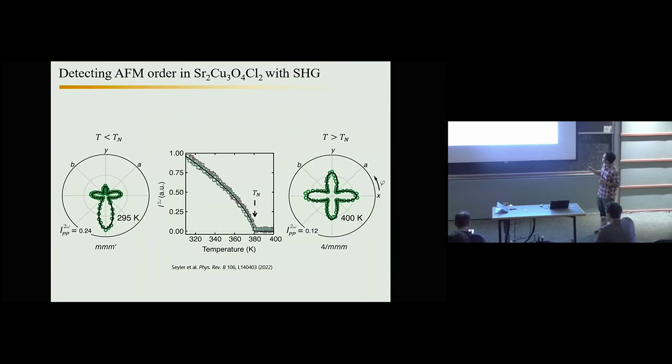When you cool it down to low temperatures below T_N, this pattern develops this one very big lobe. If you track the intensity of that big lobe, it follows an order-parameter-like line shape. In fact, you can analyze the functional form of this and extract a critical exponent that matches well with what people see in neutron scattering.